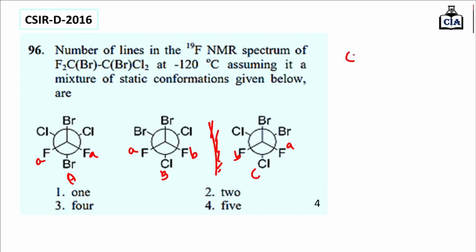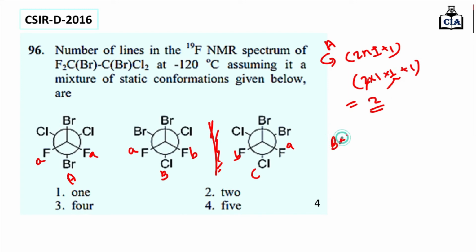Okay, so just calculate the total number of lines observed in the first structure. So this will be 2nI plus 1. In A, 2 into total types of fluorine, 1, into I value 1 half, plus 1. So the 2 gets cancelled, 1 plus 1, 2. So in the first structure there are 2 lines. Now in structures B and C, both the fluorine atoms are non-equivalent.